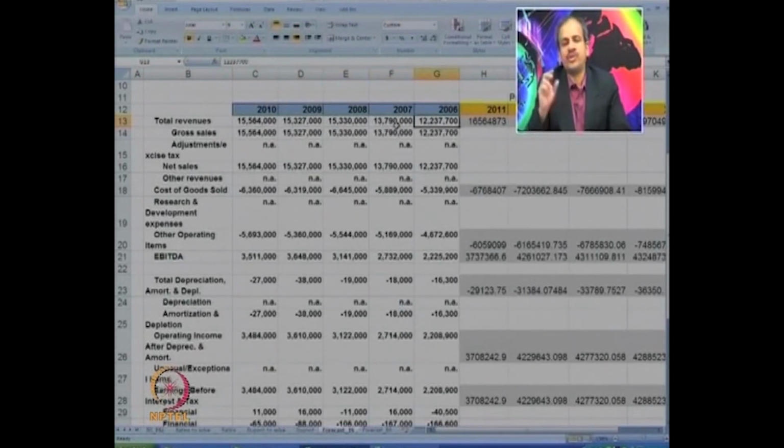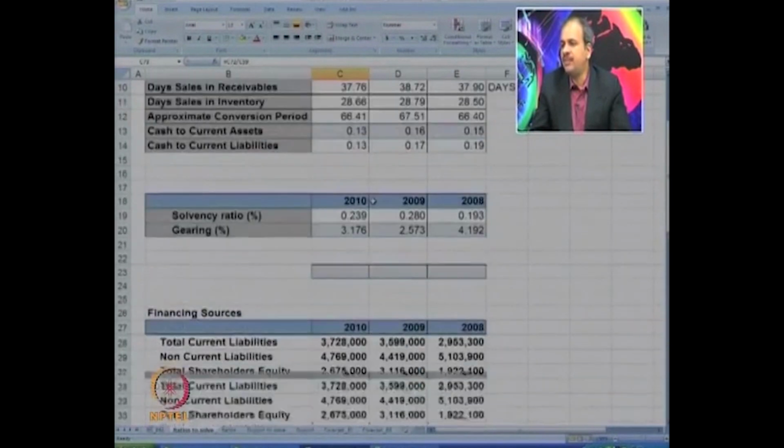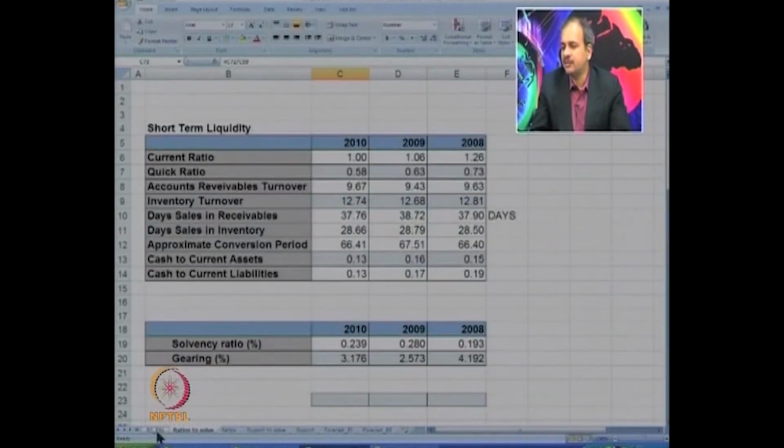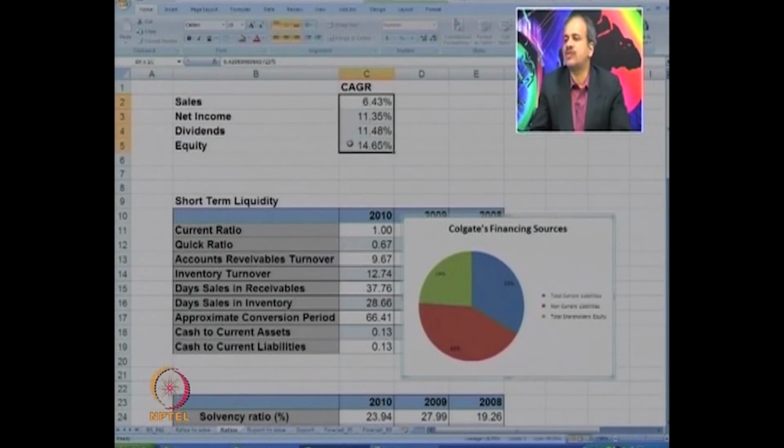Now, if we want to project how much the turnover will be in 2011, because data is available up to 2010, we have to calculate CAGR. If you calculate the compound annualized growth rate, which has already been calculated, these are the figures of CAGR.